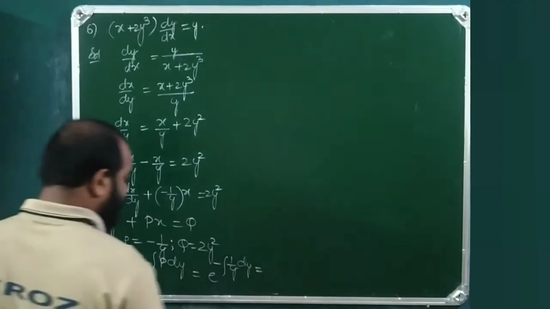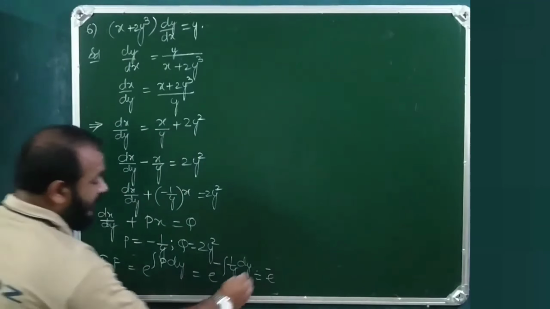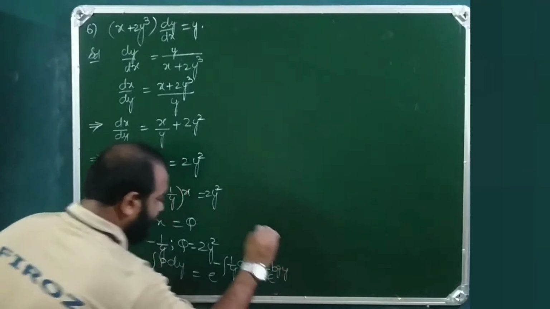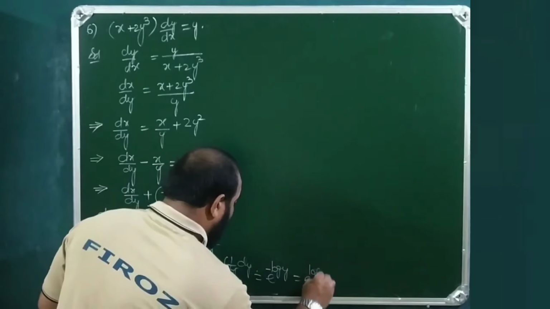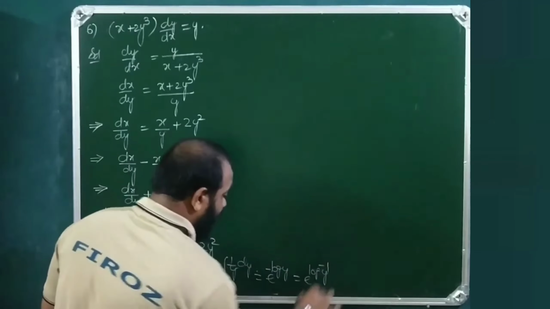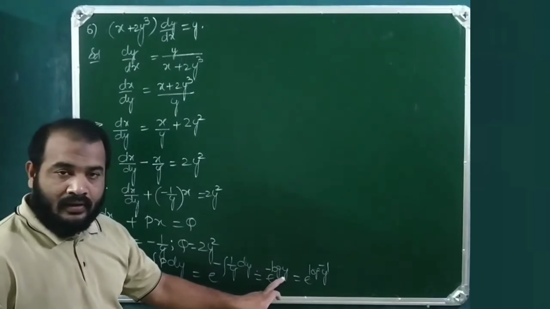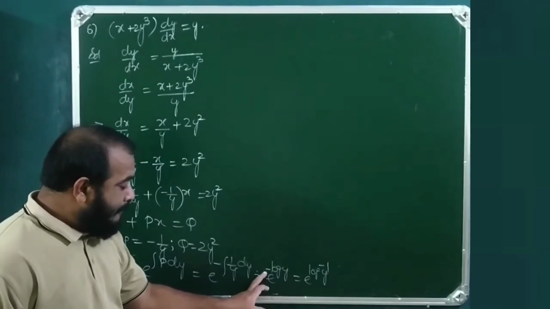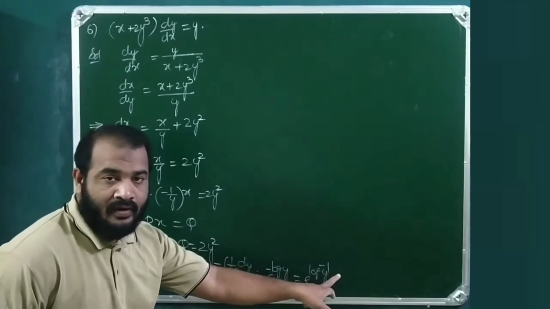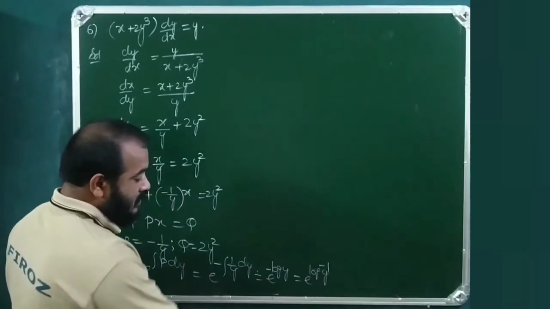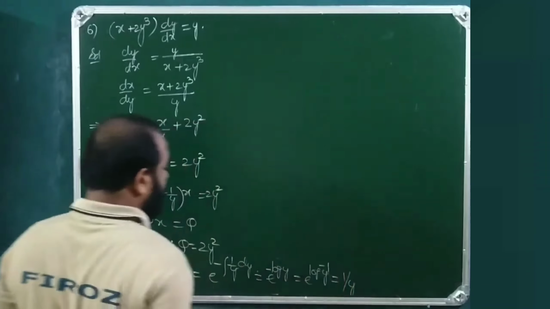So this is equal to e power minus integral 1 by y dy is log y. So minus log y can be written as log y power minus 1, because minus log y can be written as minus 1 into log y. So m log a is log a to the power of m, which is minus 1. So this is y power minus 1, which is nothing but 1 by y.